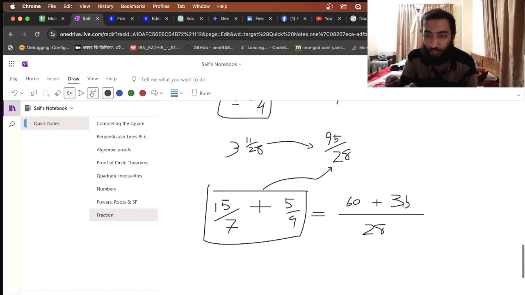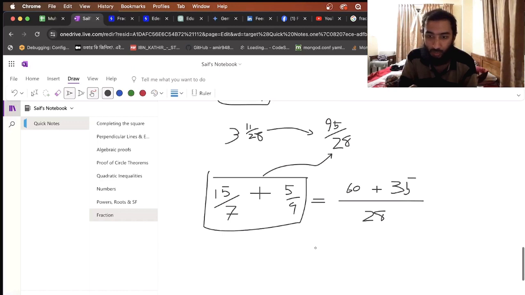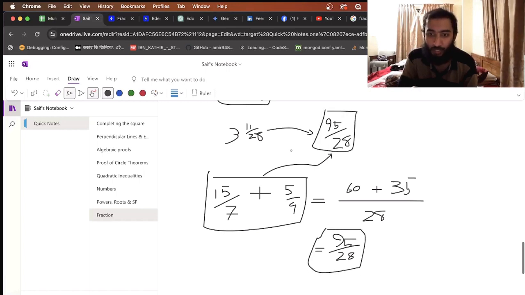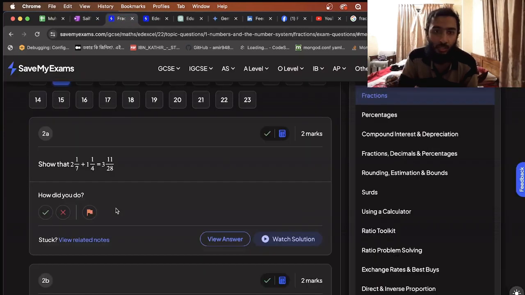So we get 95/28. This is the right hand side that we were expecting. The left hand side and the right hand side match. So this is what you have to show in problem 2a.